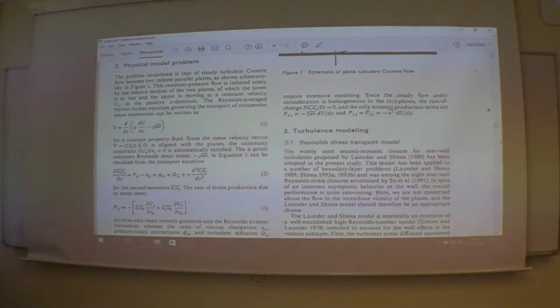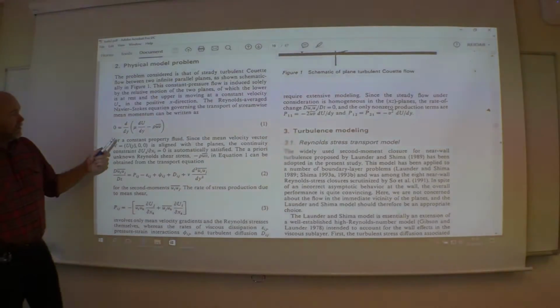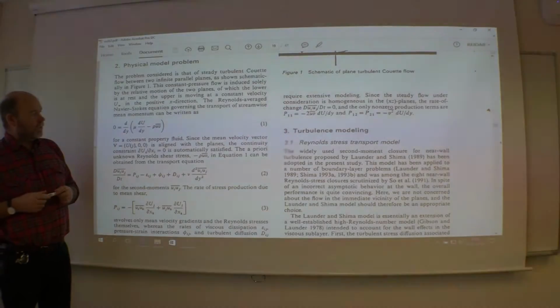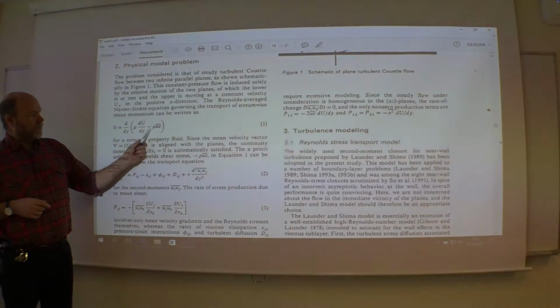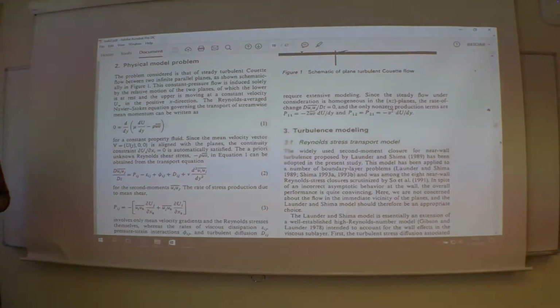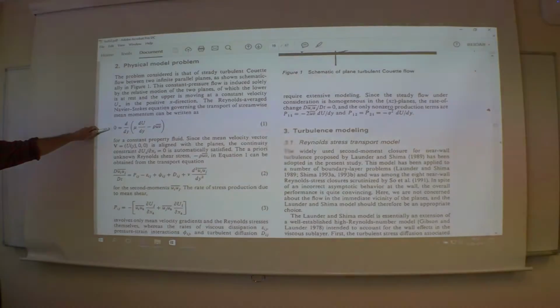Here it's possible to rewrite your equations to something like this as a steady state turbulent flow. So you still have, of course, this Reynolds stress that is unknown, but this is as far as you get with pen and paper.